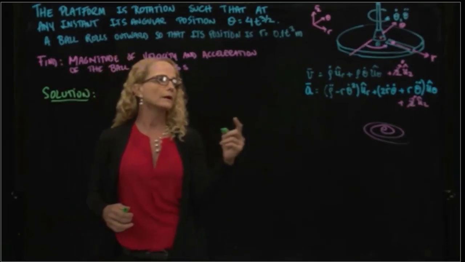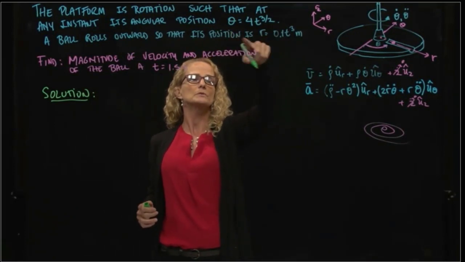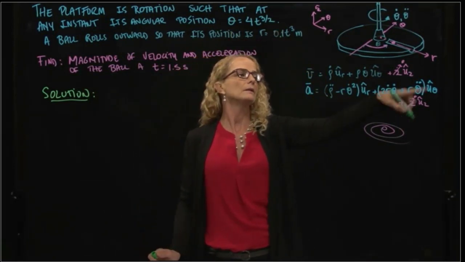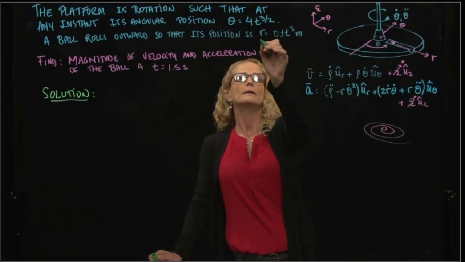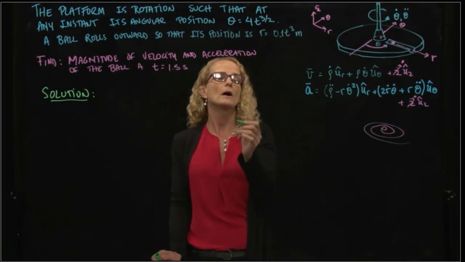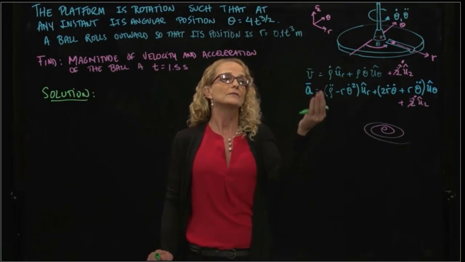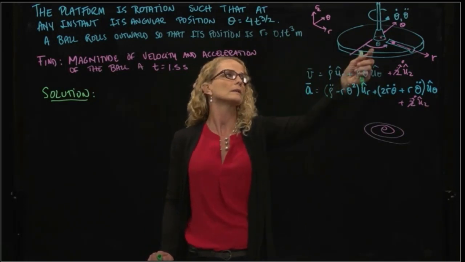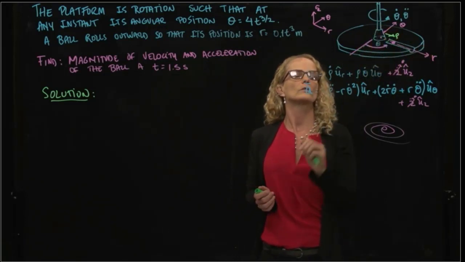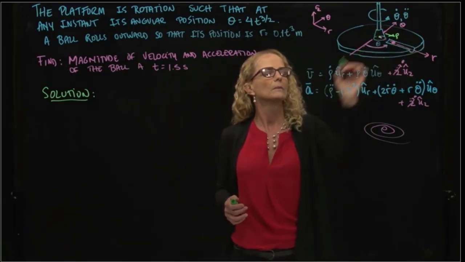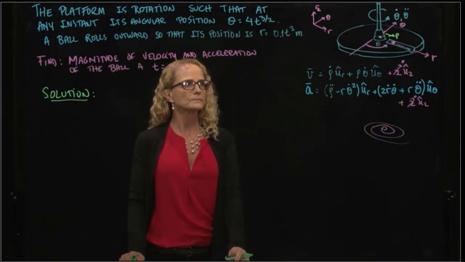We have to find the expressions in terms of those equations. Here the equations are given in terms of rho, and our data is given in terms of r, but that's just a different variable. We need to know that rho means how the ball is going outwards with respect to the center of my coordinate system.